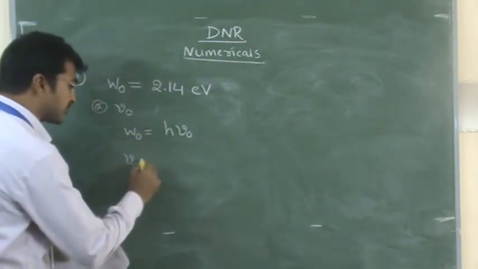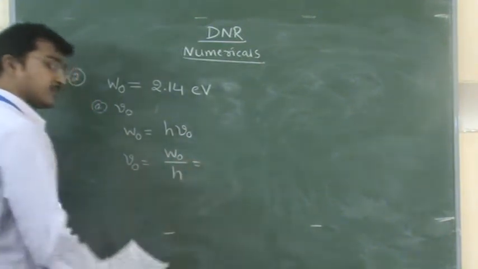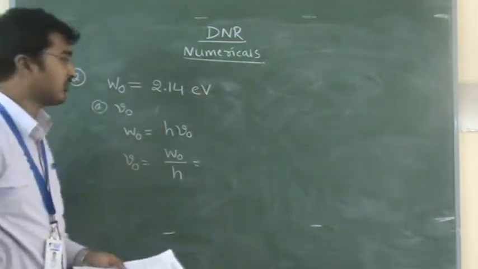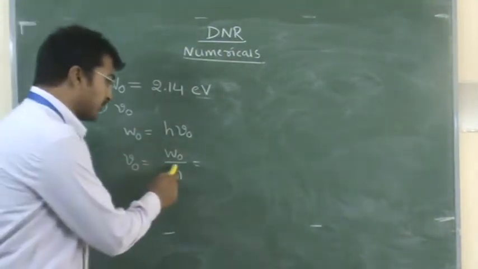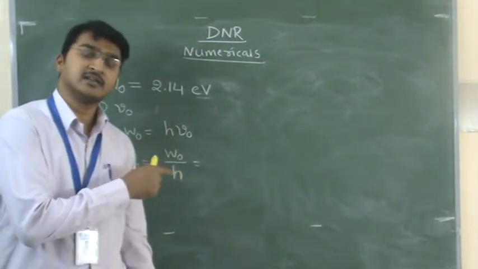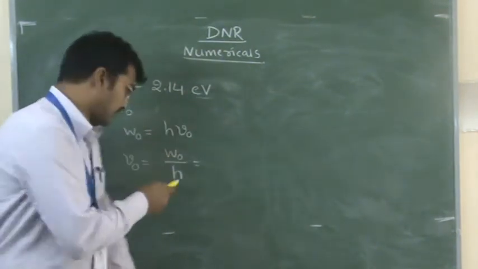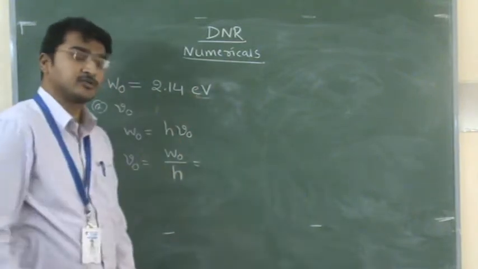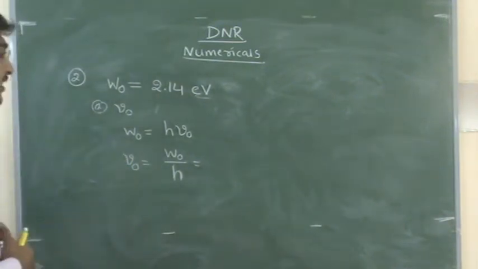Here nu naught is equal to W naught divided by H. But here W naught is the work function, and it is not yet in SI units. Planck constant is in SI units, but work function is not in SI unit. So we should convert the work function into joules.